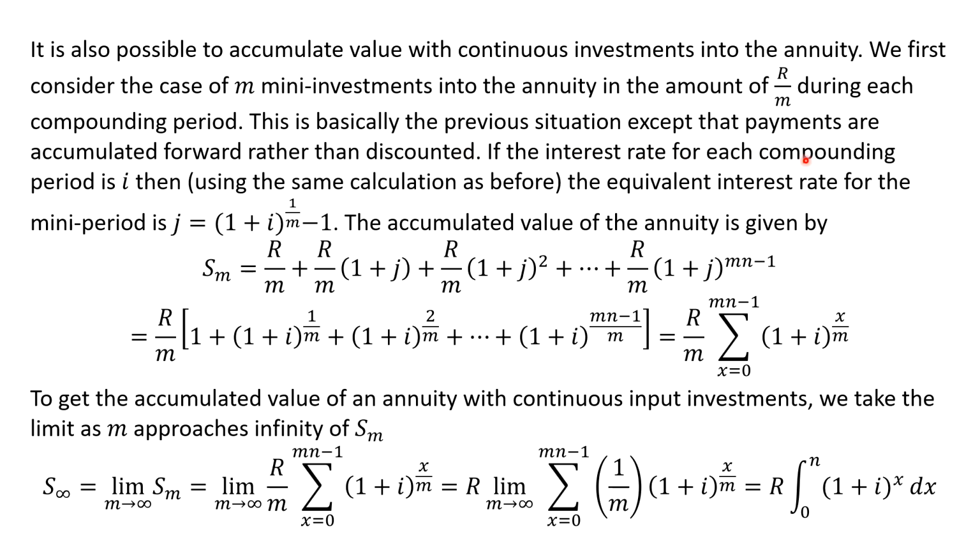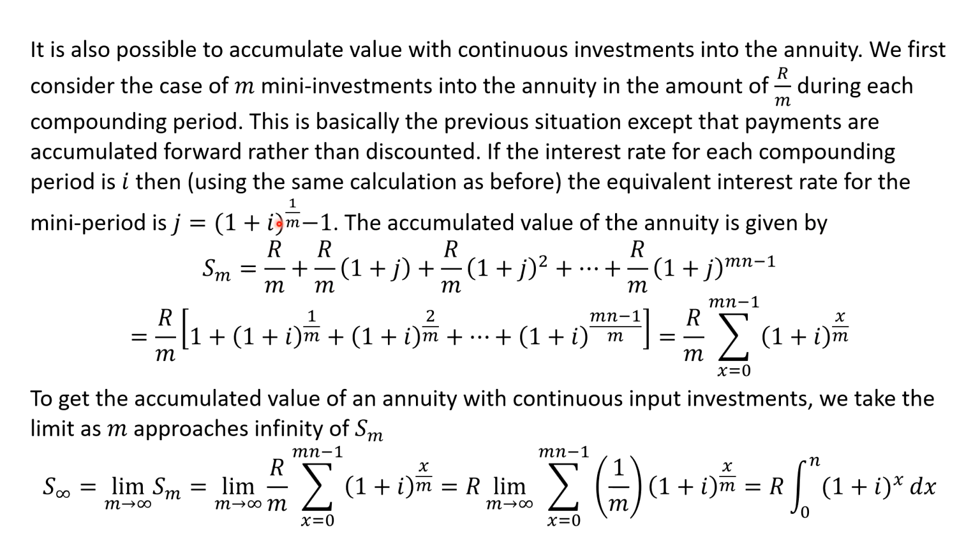If the interest rate for each compounding period is i, then using the same calculation as before, the equivalent interest rate for the mini period is j equals (1 + i) to the 1 over m minus 1. The accumulated value of the annuity is given here.